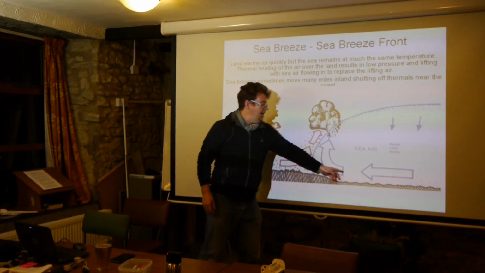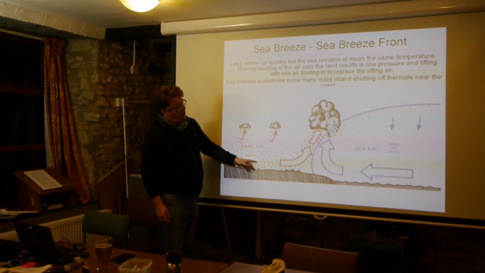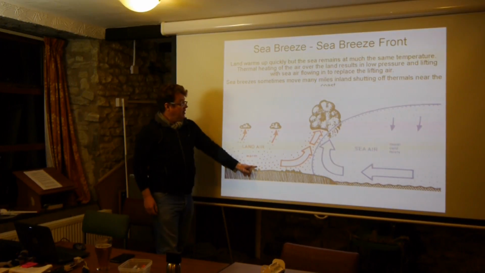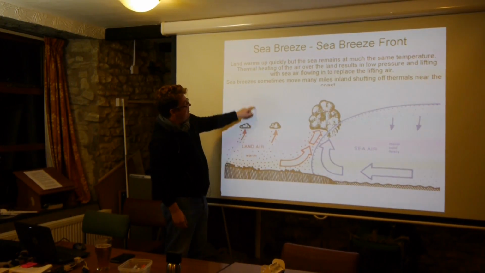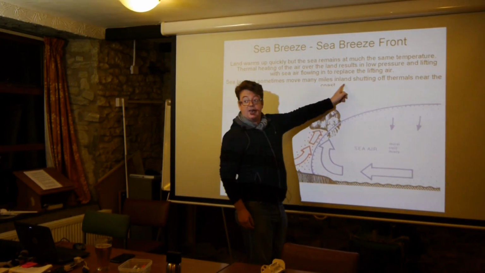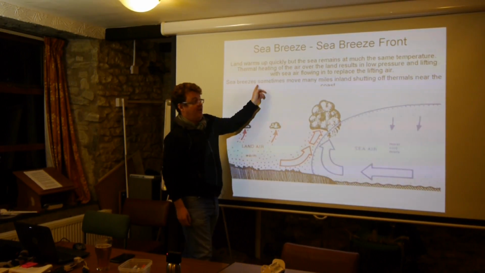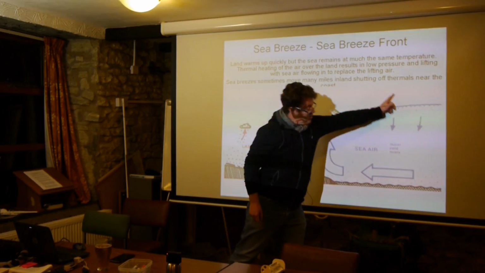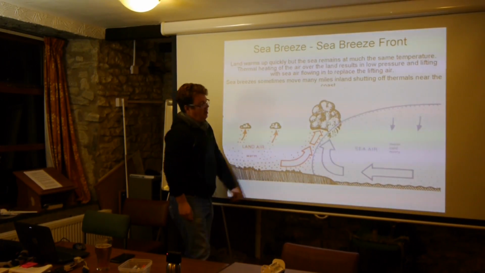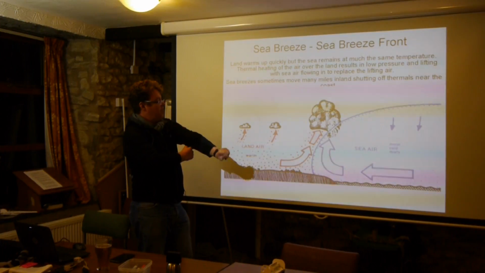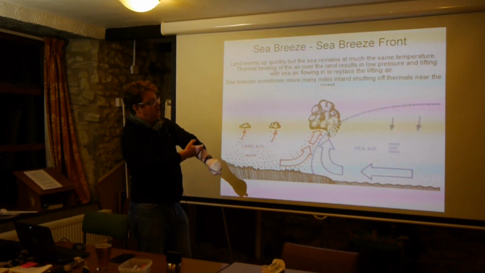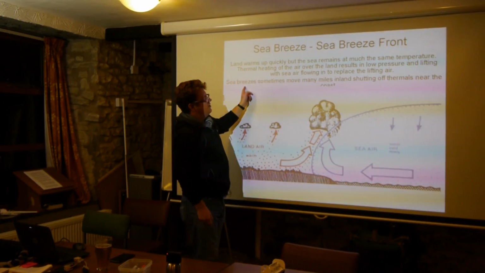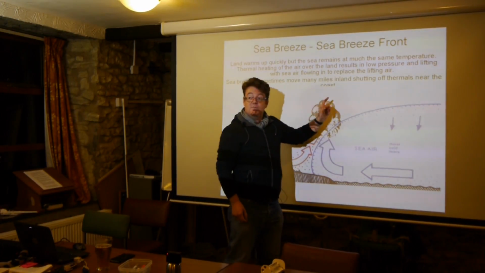At the surface, the air blows from the high pressure offshore to the low pressure on the land, and then the pattern is reversed at altitude. So at altitude there's a high pressure here and a low pressure here, and that results in this very large scale circulation. Somewhere like the Maritime Alps, you end up with the situation that what's known as the returning sea breeze at altitude is very, very strong.